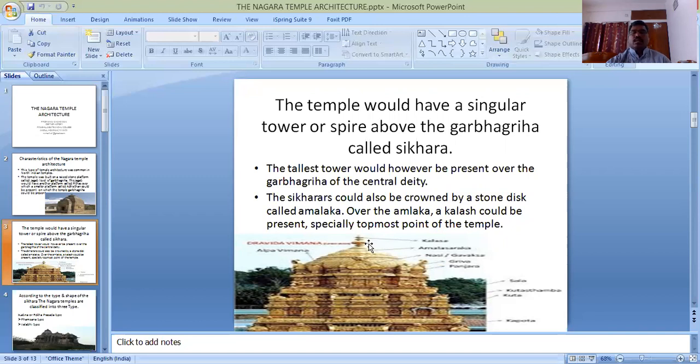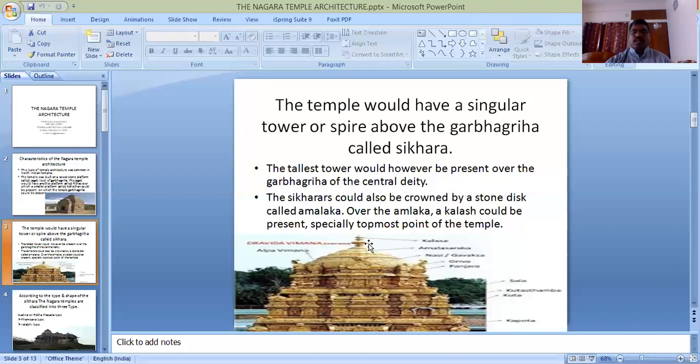That means garbhagriha, shikhara and amalak are related with the Nagara temple architecture, and over the amalak, a colossus top of the temple could be present, especially the topmost point of the temple.